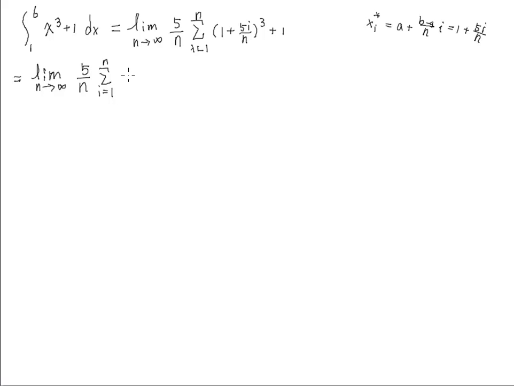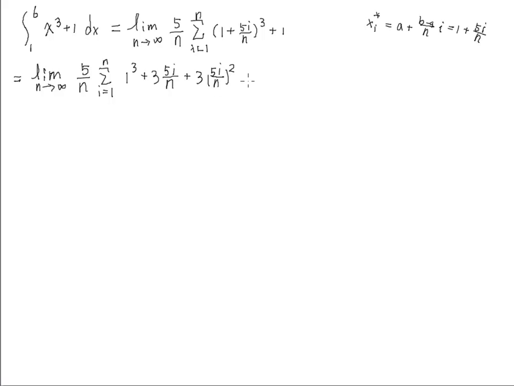So we have 1 cubed, right, it's 1, and then plus 3 times 1 squared times 5i over n, and then plus 3 times 1 times (5i) squared, so it's going to be 5i over n squared.